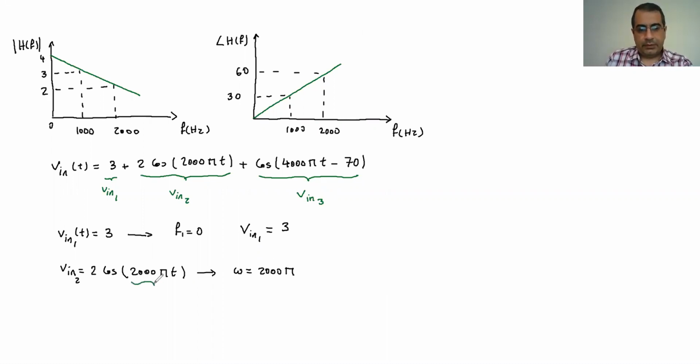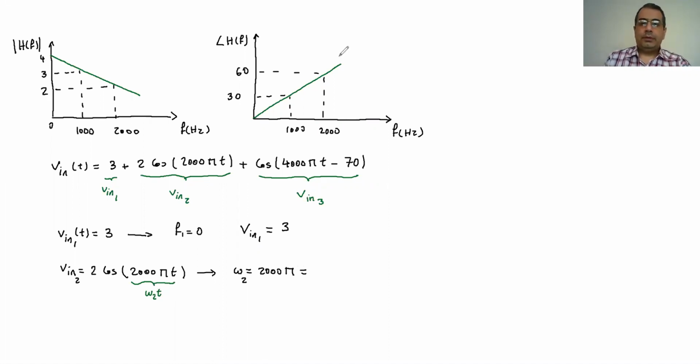This is the omega in the second one, so I write omega 2 t.